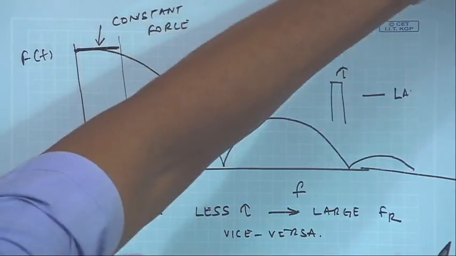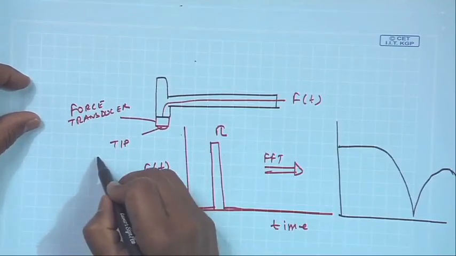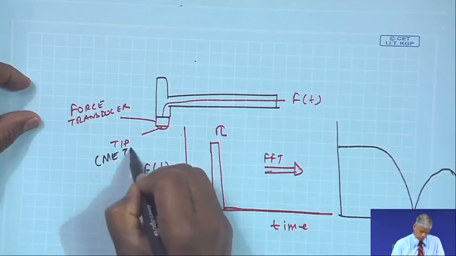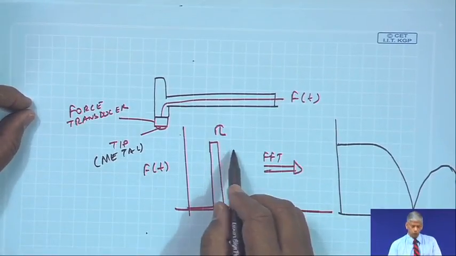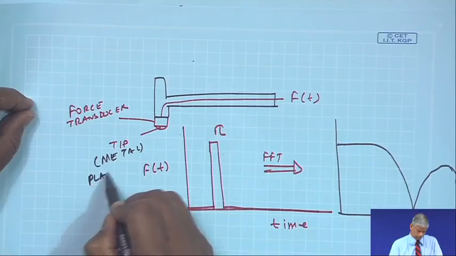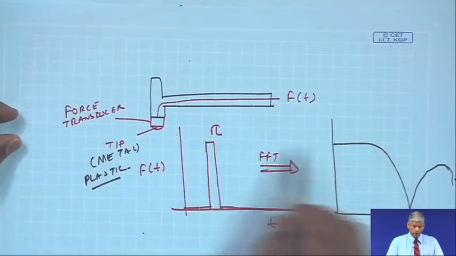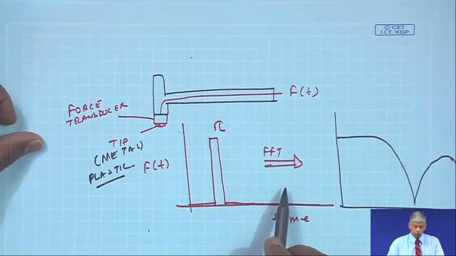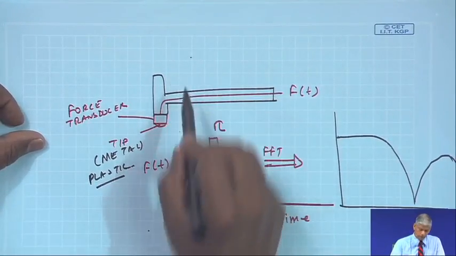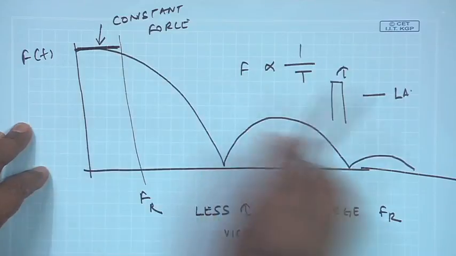That is why these tips which are available in force transducers can be of metal, so that metal to metal the tau is very less, or it could be soft plastic, etc. Such tips are there. So, the idea behind the force transducer is that quickly, with this instrumented hammer, I can excite a system up to a particular frequency range, where this is flat.